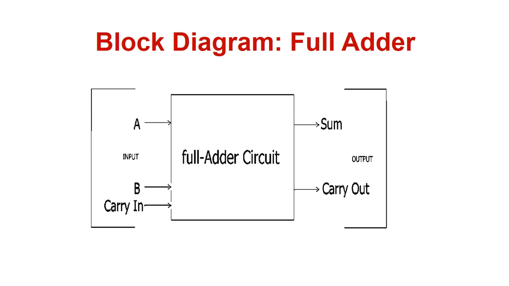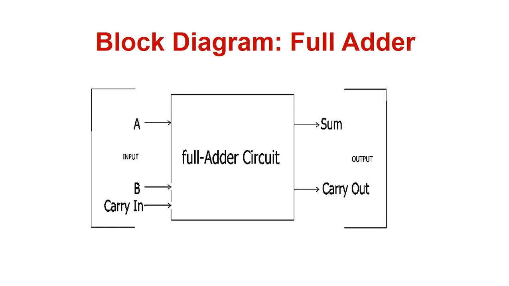If we are going to add for the first time, then the input for this carry in will be 0, and whatever the values of A and B will be added, and then the sum and the carry out will be generated. Now this carry out will act as an input to the next addition. Therefore we have three inputs: A, B as well as the carry in.